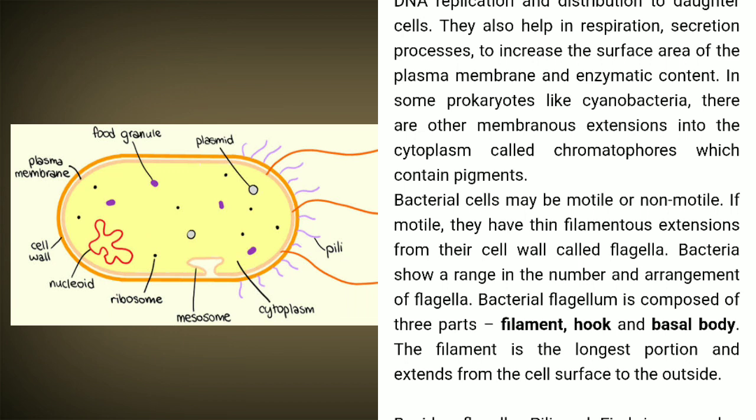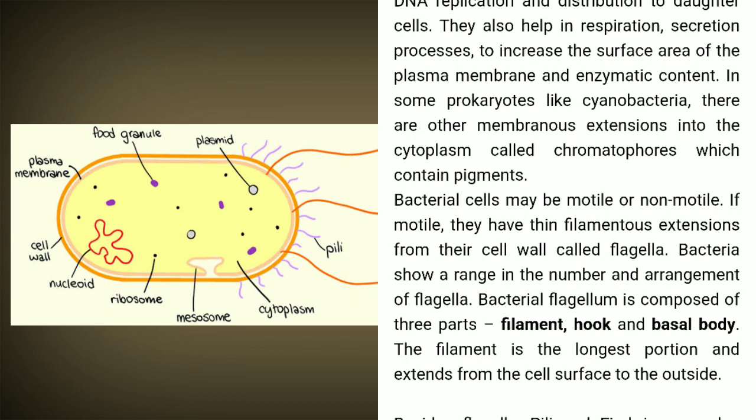Now what are pili? Pili are short, tubular, non-motile processes or appendages present on the surface of a bacterial body, and they are mainly responsible for attachment to surfaces, to food, or to any other organism.